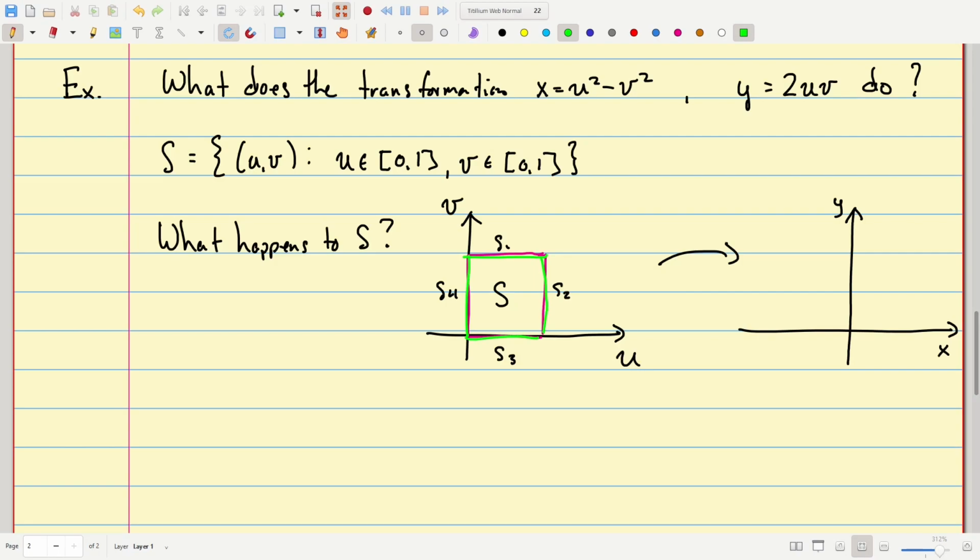We're looking at the boundary of the shape, and the boundary will get mapped to the boundary, and then the interior will remain the interior. Okay, so what should happen is we imagine somehow that this shape is going to get deformed into some other shape over here. Okay, we want to examine what's happening to this.